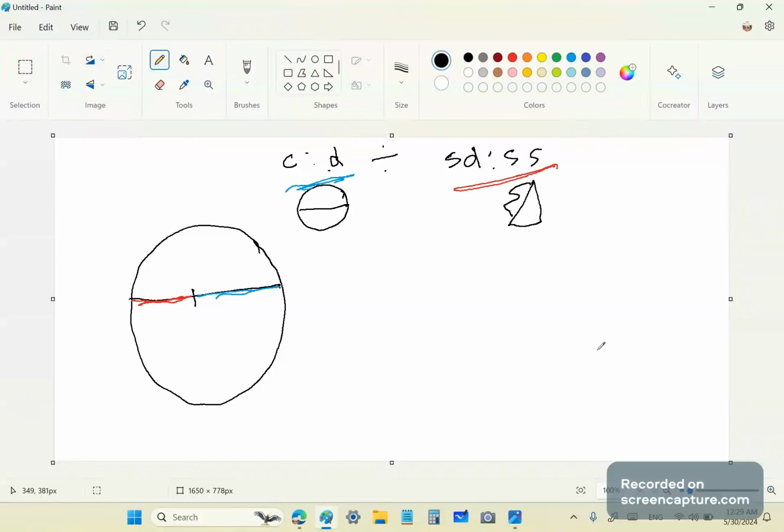Actually, no, what I'd like to do is take that back. I'd like this line segment to represent the blue ratio. Let this line segment represent this ratio, and this line segment represent that ratio.